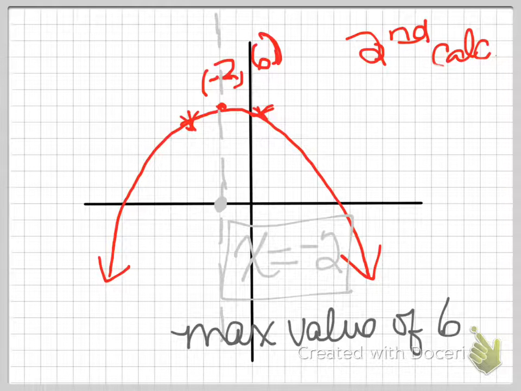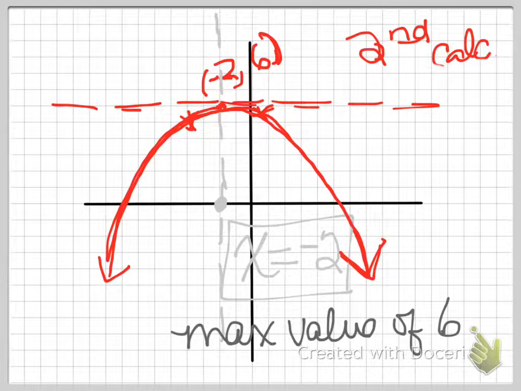Also, let's talk about the range. Let's look at this graph, and we can also talk about the range of this graph. This graph is downward opening. So if we're talking about the range, keep in mind we're going to start up here on our y's, and we're going to either look up or down. And since our graph is downward opening this time, we're going to look down.